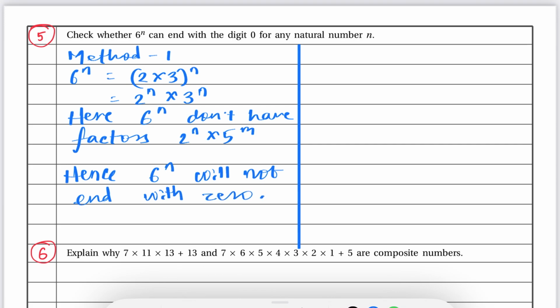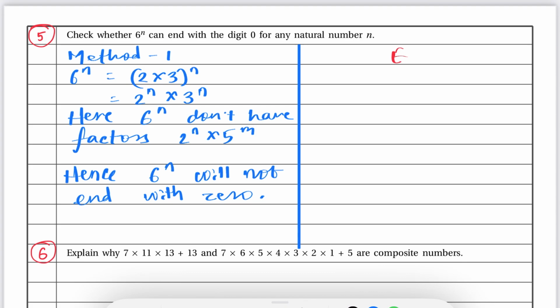Dear students, remember, I will give you a few examples. If you observe carefully, 20, when I factorize this 20, 2 times 2 times 5. Do you see there are factors? So we have 2 and 5 factors, right?